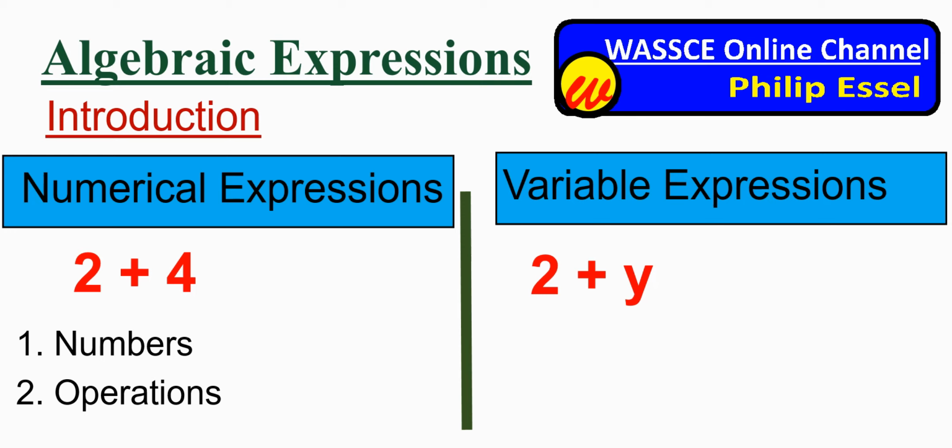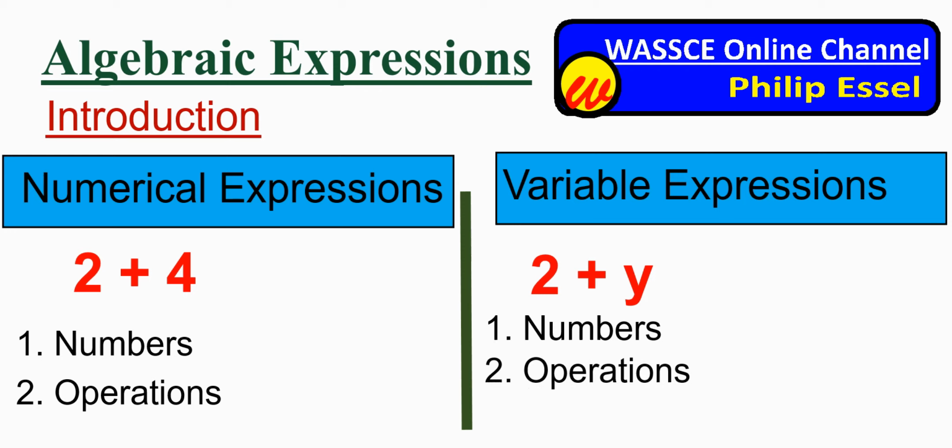Now let's ask ourselves, what items can you find in this mathematical expression? First, we can find numbers, that is the number 2. We can also find an operation sign, the plus sign. Then we can find our y, the variable.